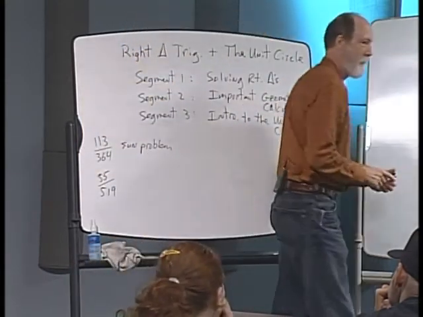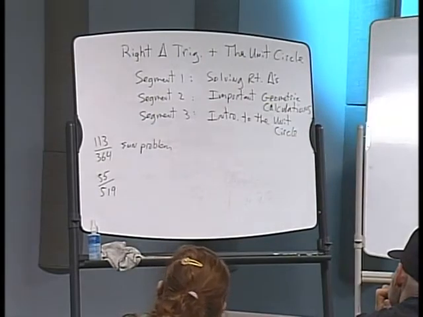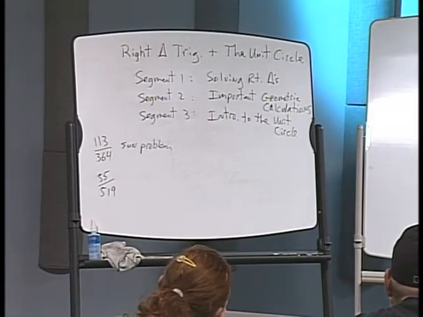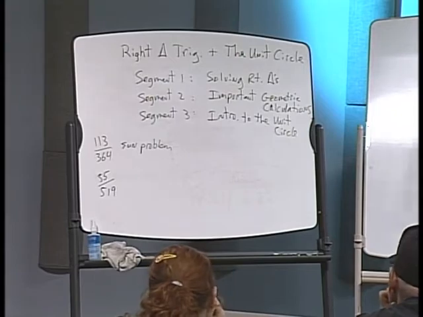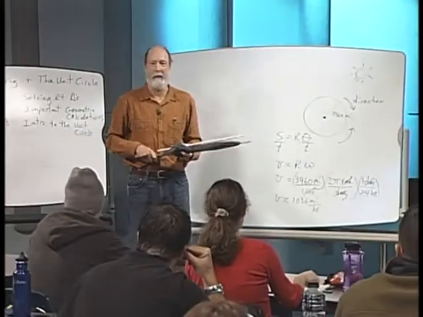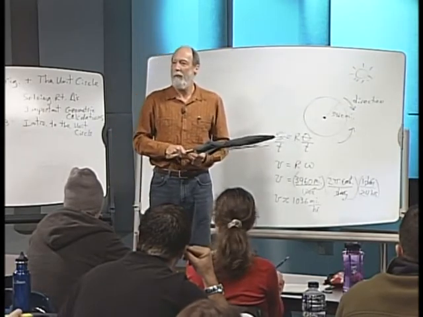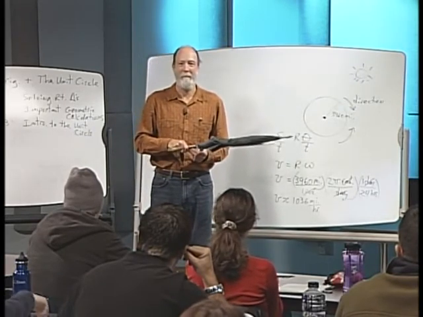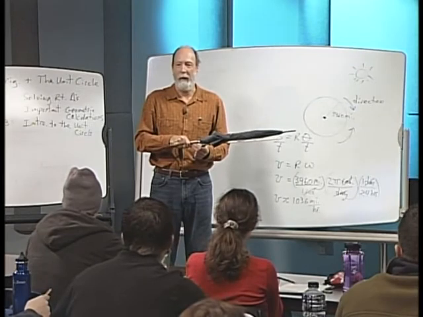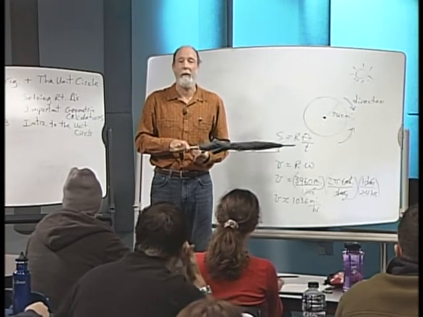So, I brought an umbrella and a stick today, and I want you folks to use your pencil in standard angle orientation. So here's an example, and I want you to hold your pencil in the air just to see if you know your angles. Hold your pencil at a standard angle of 60 degrees.